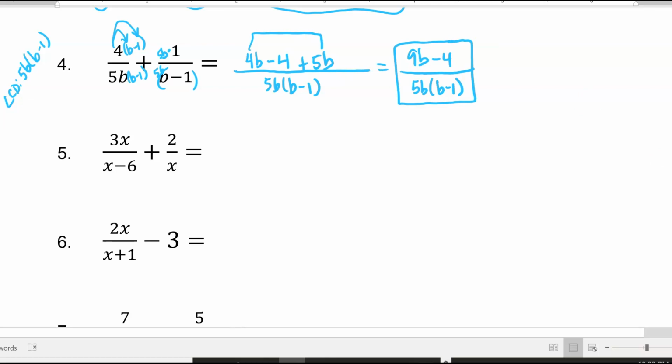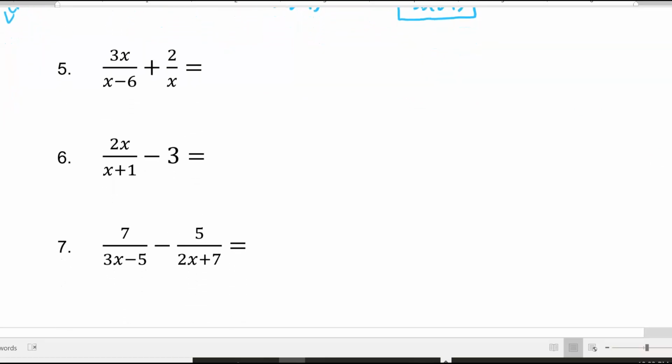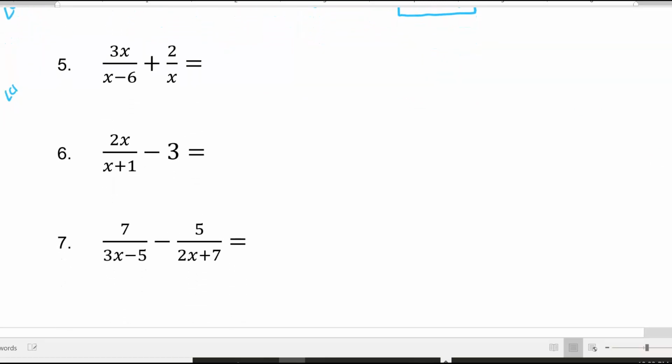So similarly, number 5, our LCD would be x times x minus 6. Again, you have to multiply the denominator times something in order to get the LCD. And this is the only way we can make that happen, if we just multiply those two denominators together. So on the left side, we'll have to multiply top and bottom by x, and on the right side by x minus 6.